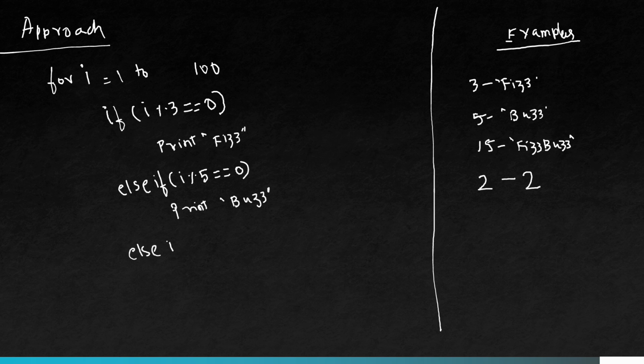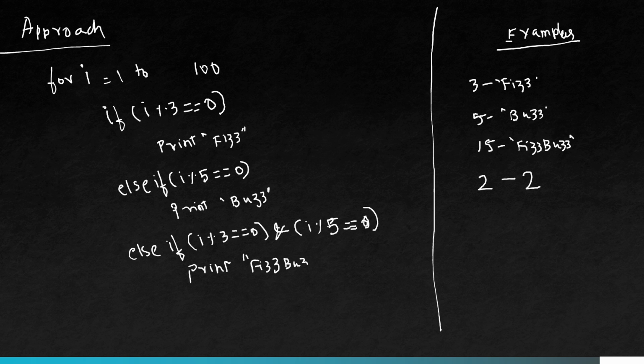Else, if I is divisible by both 3 and I divisible by 5, we need to print fizz buzz. If none of this is true, we need to just print the number as is.